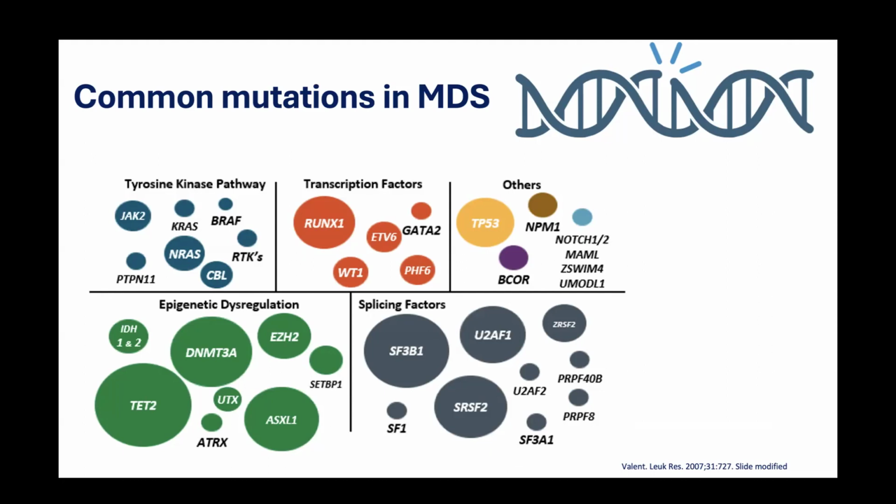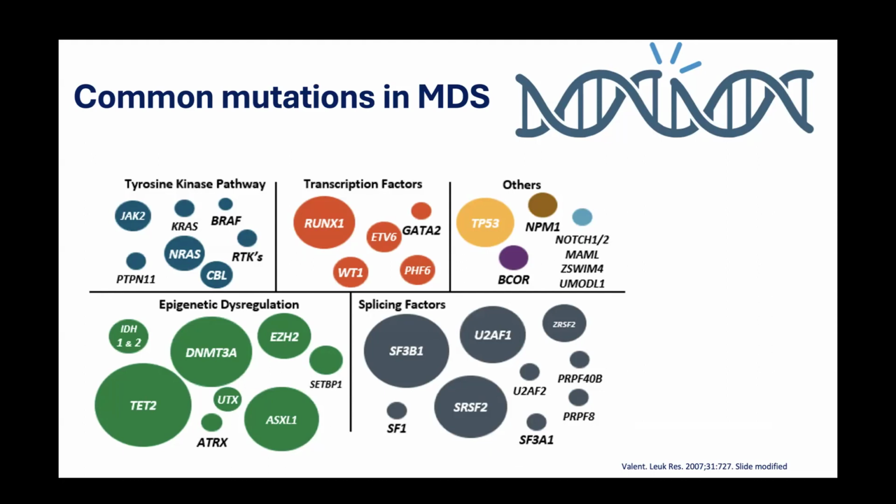Splicing factors are important to modify proteins, and when you modify a protein, the function can be altered. So if there are abnormalities there, you're not modifying things appropriately. Again, tyrosine kinase pathways are kind of on switches that shouldn't necessarily be on for many things. So that's the abnormality there.